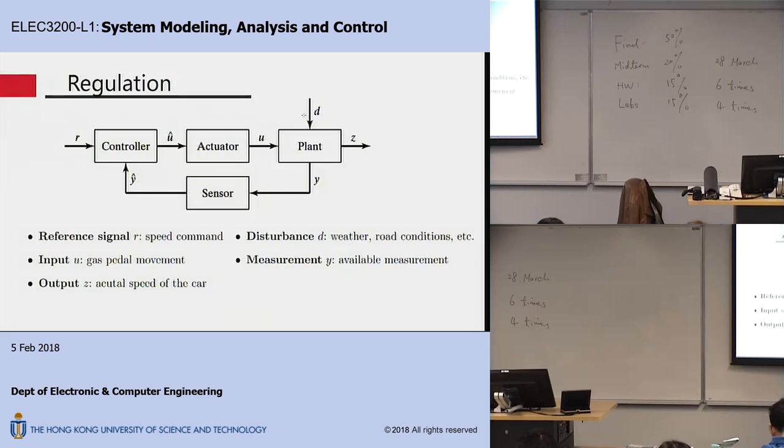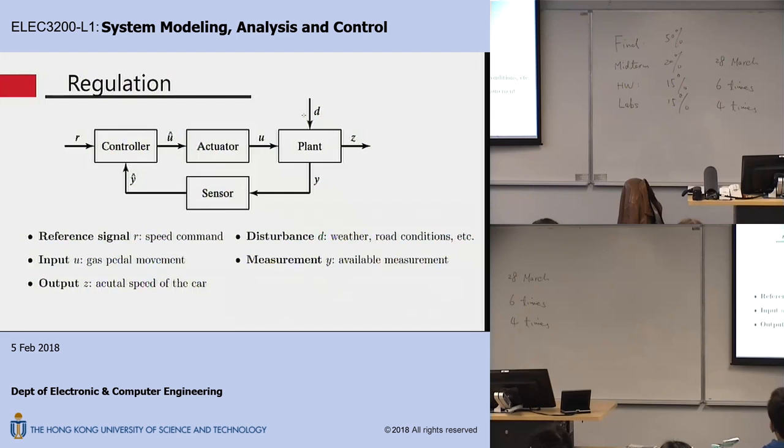So there are two pieces of information. This R is one piece of information the controller receives, and R in general changes with time. Y, the measured feedback signal, is the second piece of information, and the controller takes both and generates a control signal.